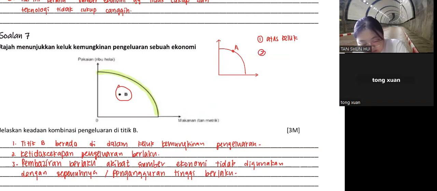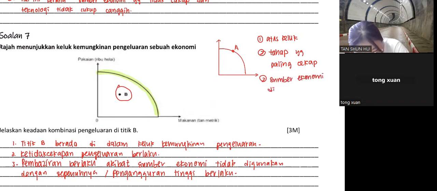Mencapai pengeluaran maksimum. Or you can say berada di tahap yang paling cekap. Why paling cekap? Because semua sumber ekonomi digunakan dengan sepenuhnya.